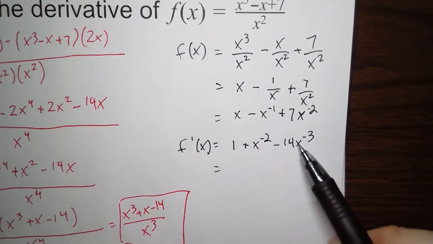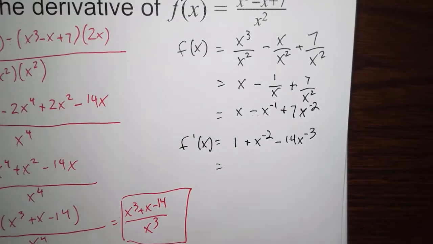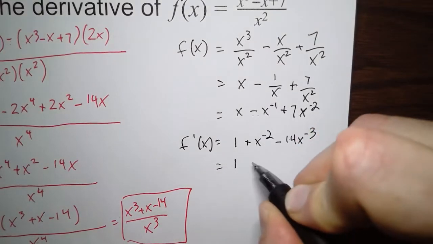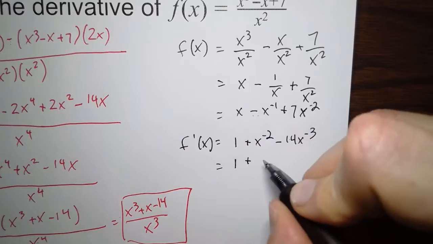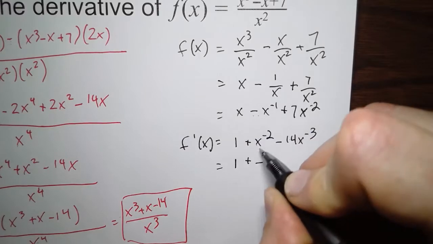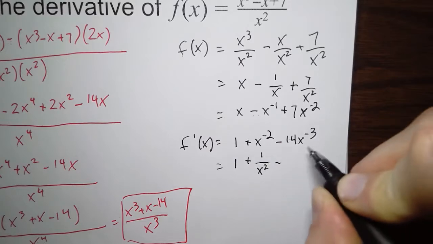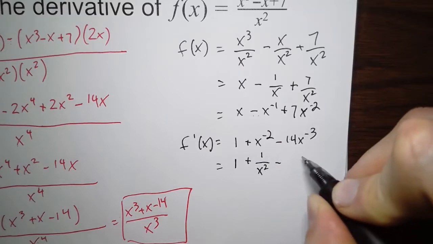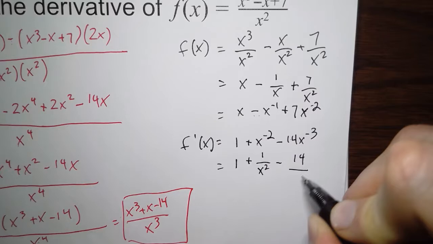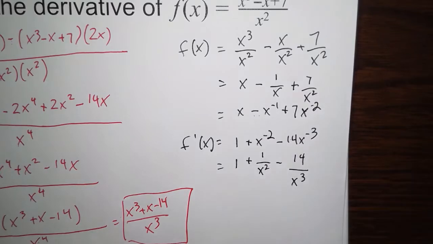Now, how do we check to be sure if this and this are the same? Well, let's rewrite the two terms with negative exponents with positives. So x to the negative 2 is 1 over x squared. 14x to the negative 3 is 14 over x cubed. Now to combine these, we need a common denominator.